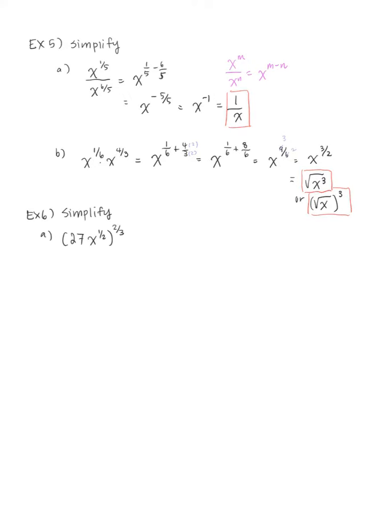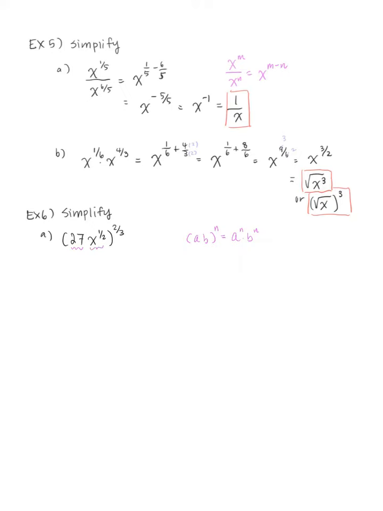Okay, now let's take a look at example 6, simplify. All right, so step number 1, we need to recall this property, a times b to the n is a to the n times b to the n. All right, so pretend our a is 27 and b is x to the 1/2.